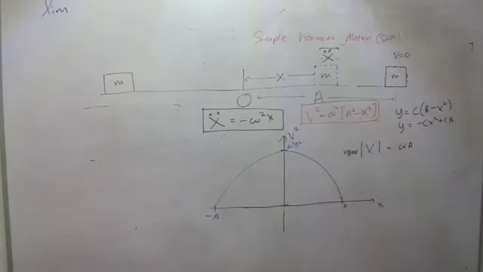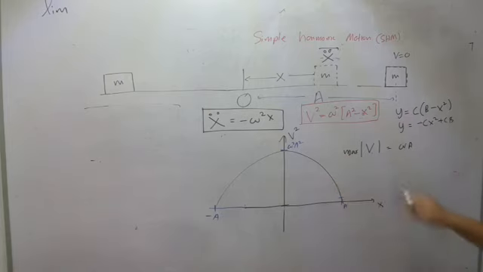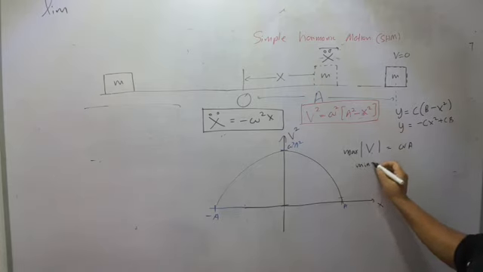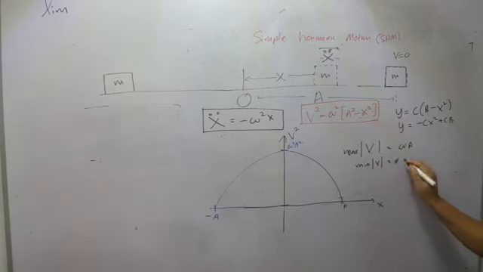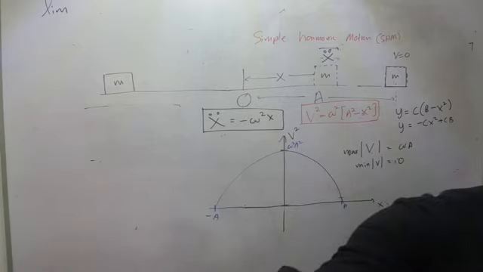When you take the square root, you get plus or minus omega a. So I'm just going to take the absolute value, that is equal to omega a. The minimum velocity, the absolute value, would be 0. That is when the particle is at its highest displacement. Right. Thank you for watching.